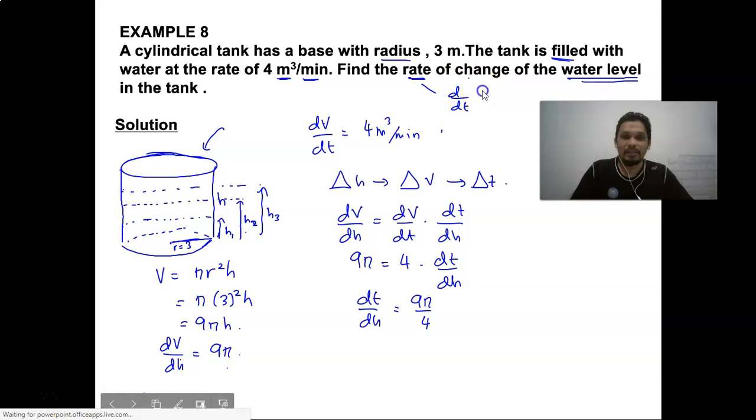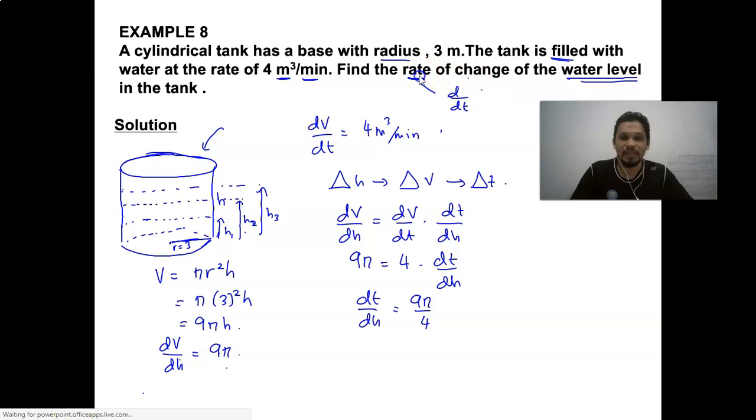Look at the question: the rate of change of water level means we are talking about the height. So dh/dt is the answer, the thing we need to find. What we have here is dt/dh, so dh/dt equals 4 divided by 9 pi. Height is in meter, volume in meter cube, and time in minute, so the unit is meter per minute.